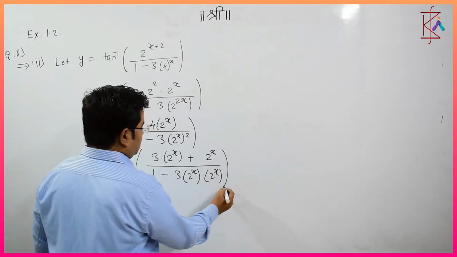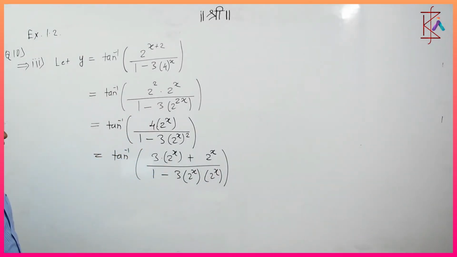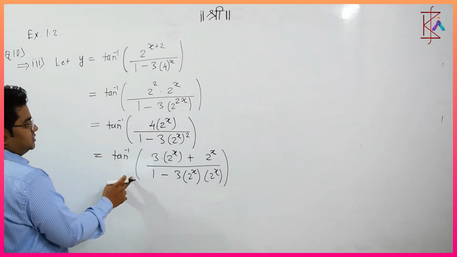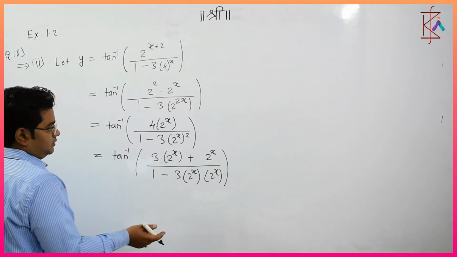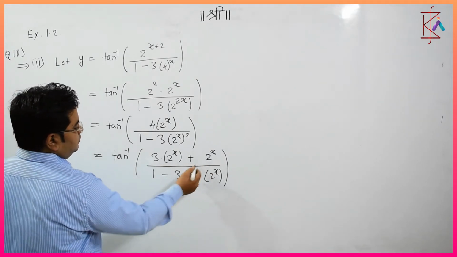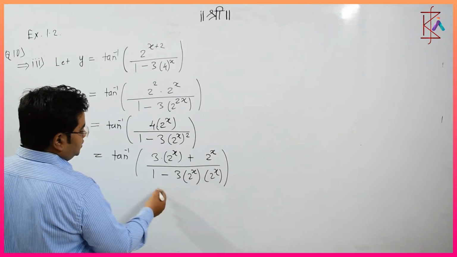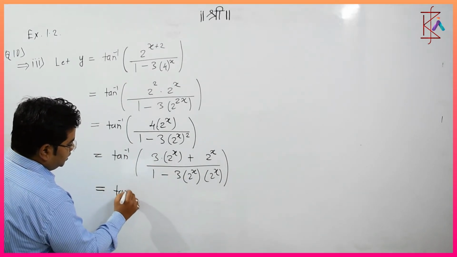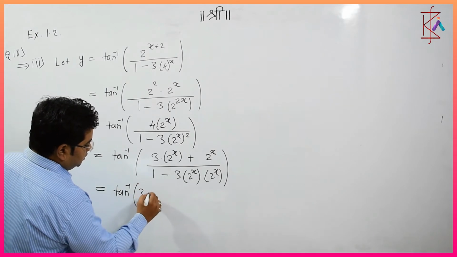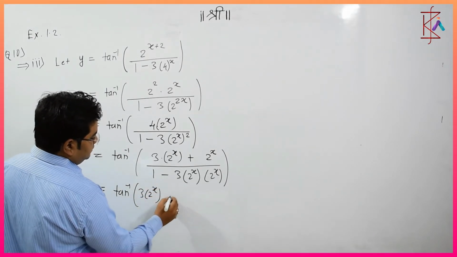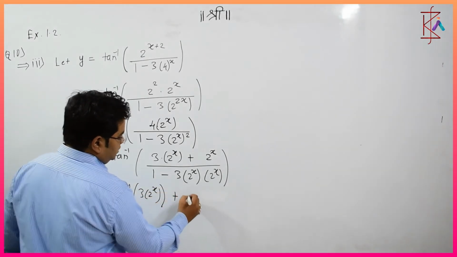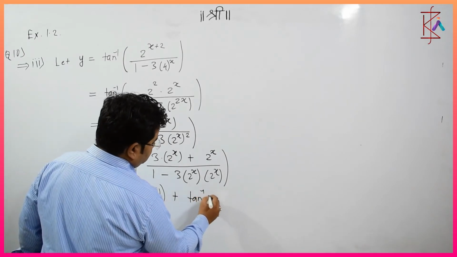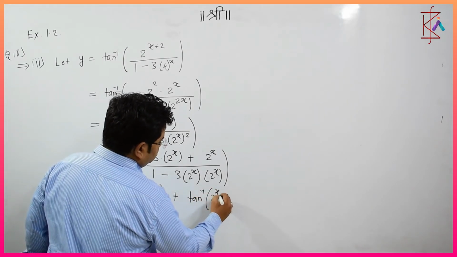Why am I writing 1 times separately? There's actually no need, it is just to understand what exactly we are doing. We arrive at what we required, the situation we had earlier. This is our x, this is our y, and this is x into y, so we can use our initial identity: tan inverse of 3 into 2 raised to x plus tan inverse of 2 raised to x.